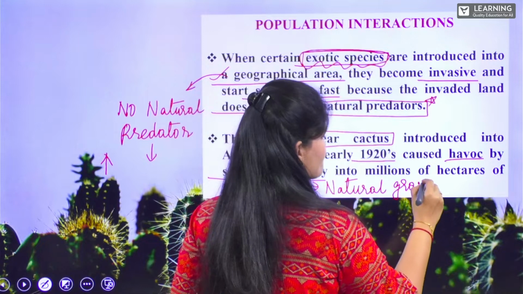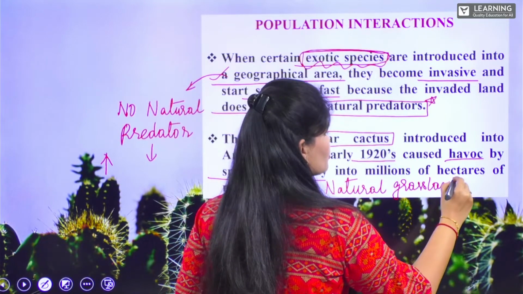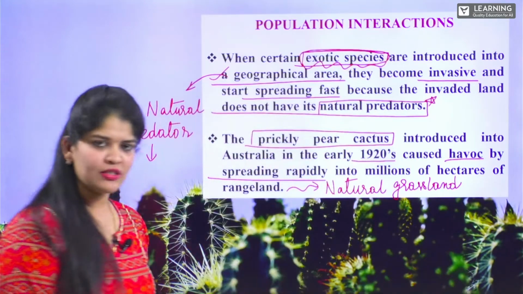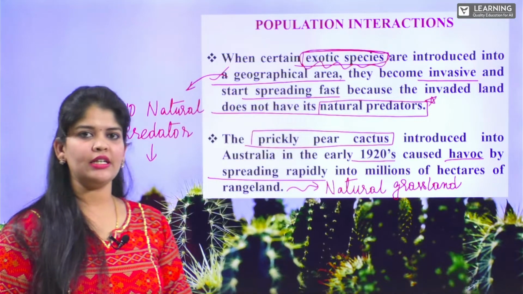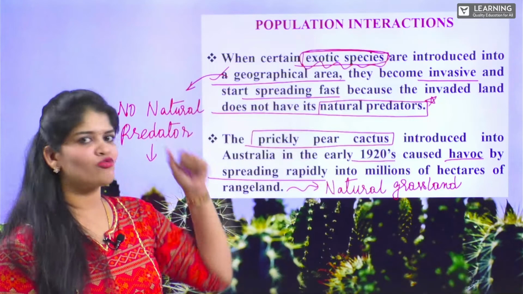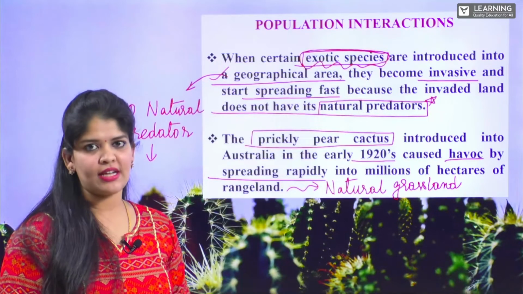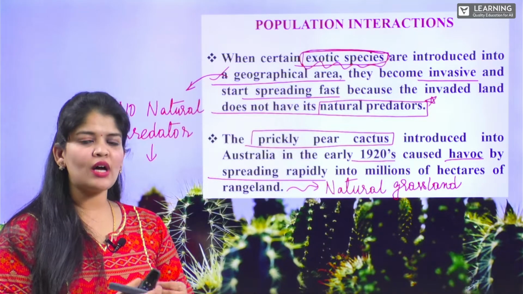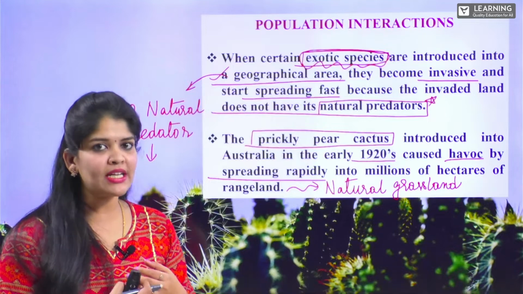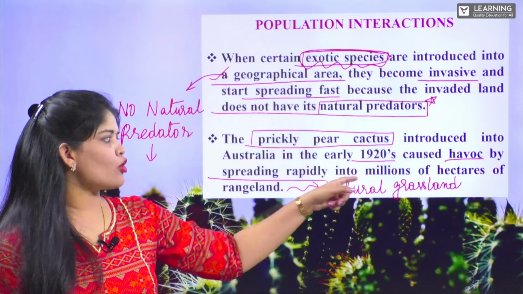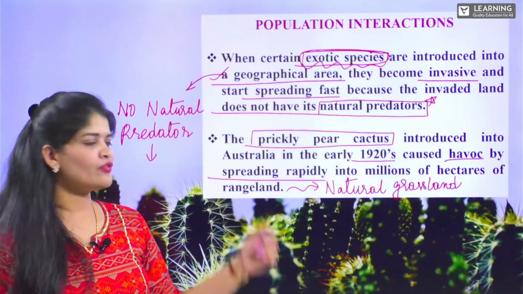Because this cactus doesn't have its natural predator in the Australian rangelands, it spreads very fast and occupies millions of hectares.